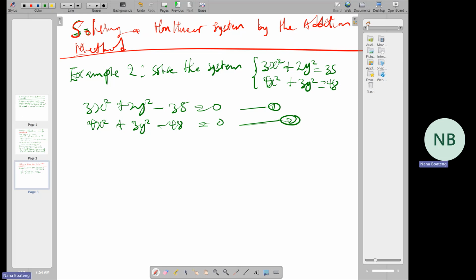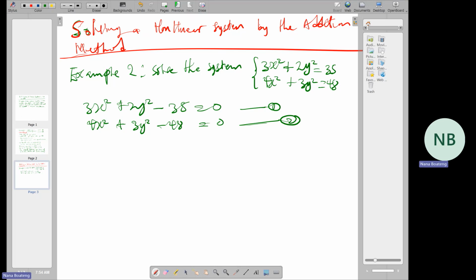All right, so now we can multiply. We are using the addition method, so we want to eliminate either the x or the y term.